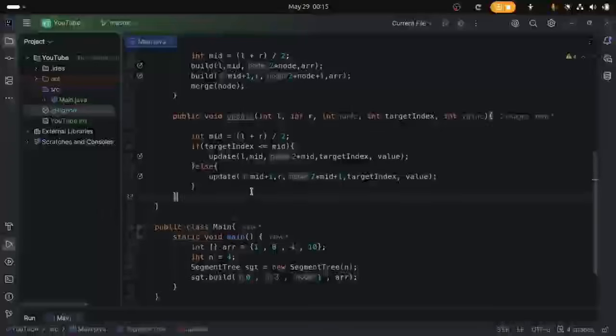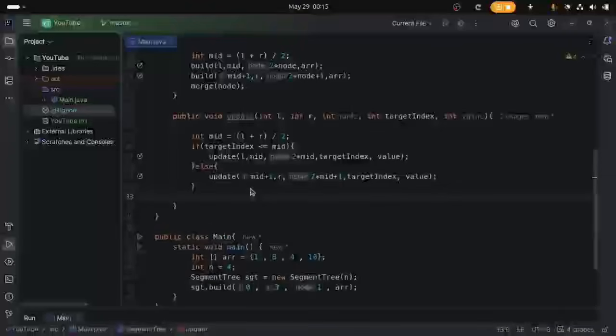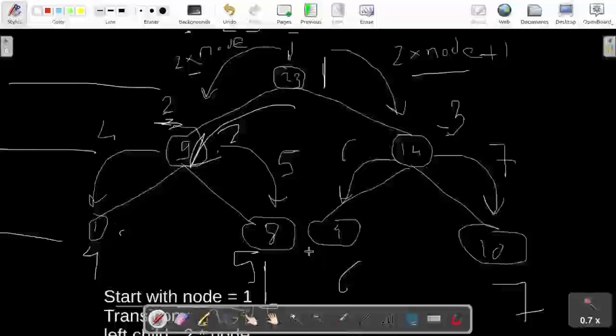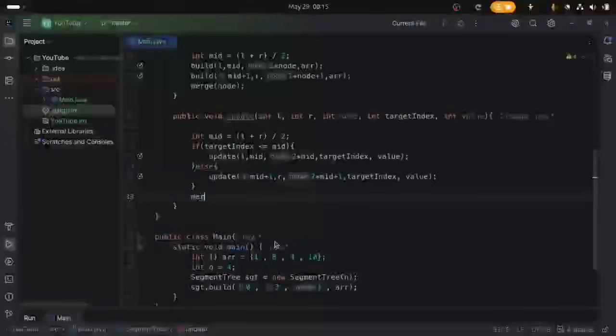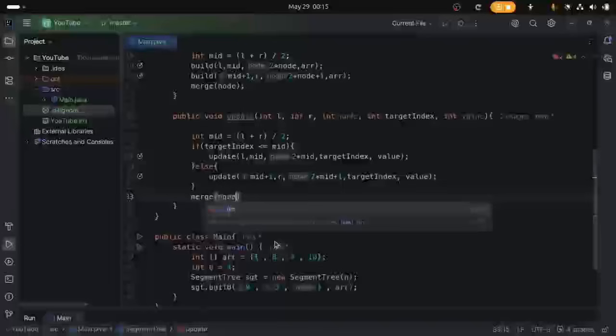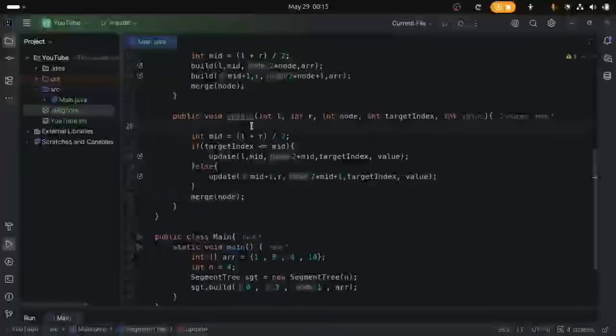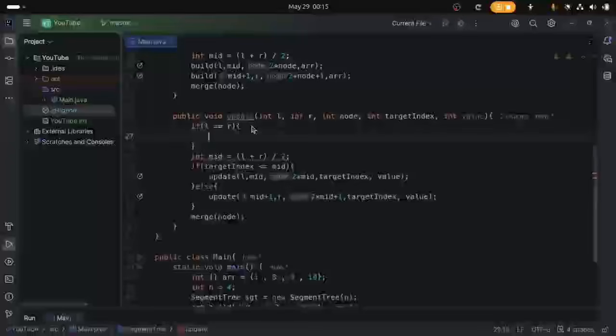Okay, and at last, since as I told, if you update, this node is contributing in this node and in this node, so for both of them you need to call the merge function to merge the values from left and right. So you will call the merge function over here, and you will pass your node, and the base case will be simple. As you know, if L and R become equal, we reach our target index.